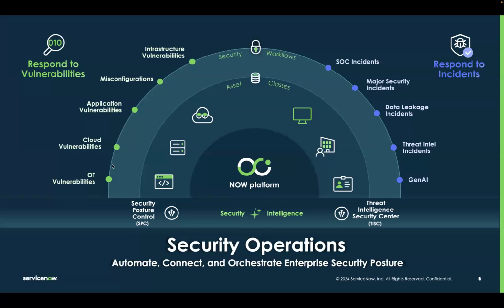And you can see that this covers a range of areas where a lot of these things are addressed through different offerings. So we have infrastructure vulnerability response, application vulnerability response, cloud vulnerability response, and we have a new offering which is security posture control, which is also part of the VR suite.